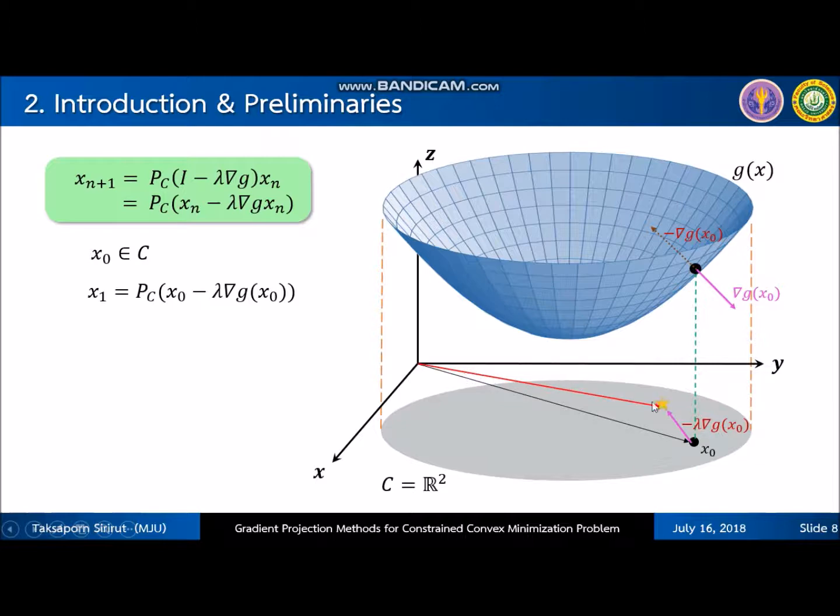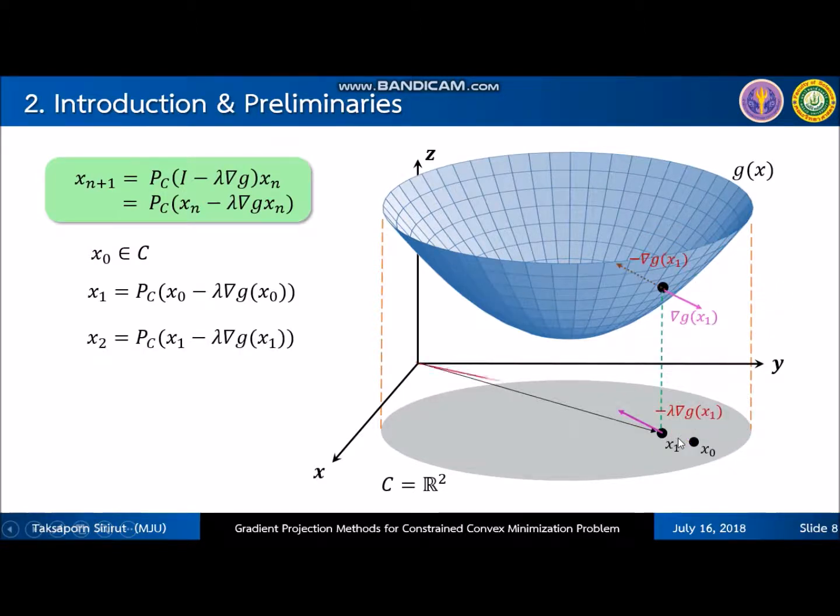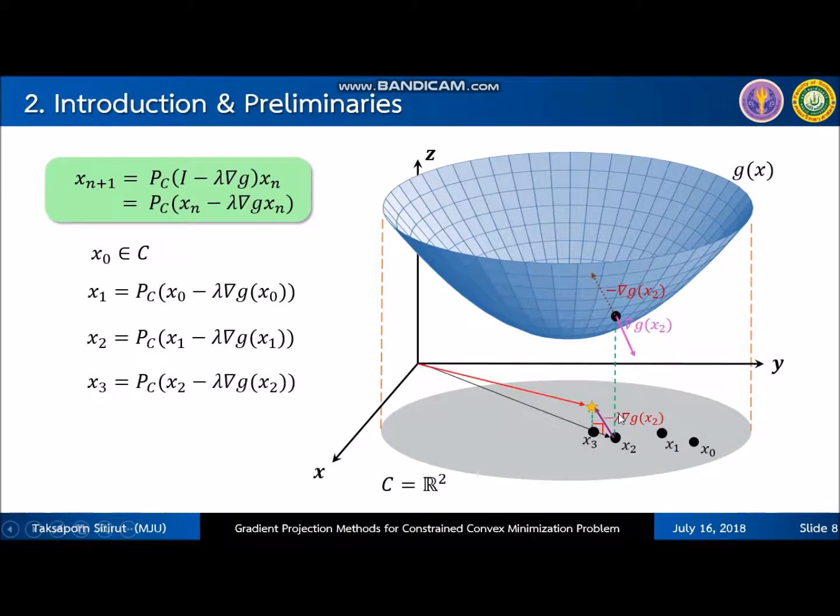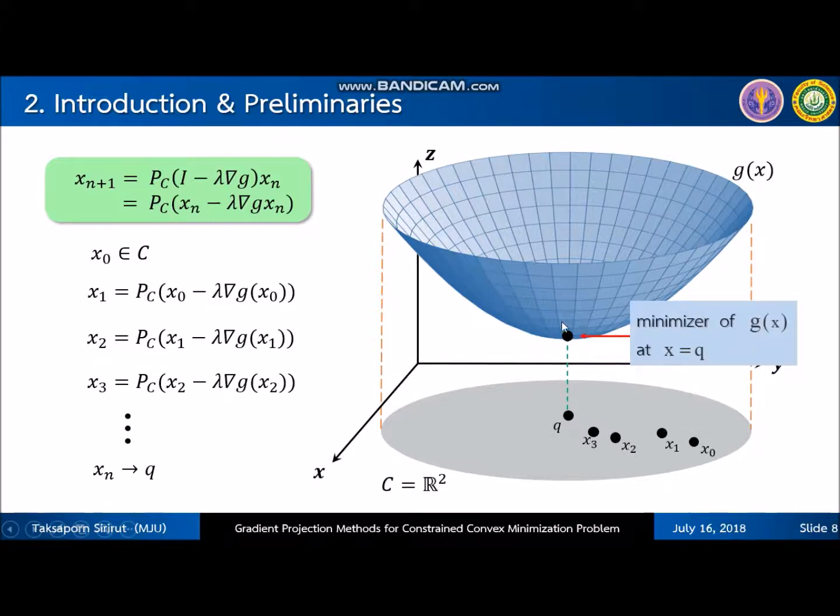And we get the red vector. It is the resultant vector of the x0 vector and this vector, and its projection is x1. If we do the same way, we get x2, which is the projection of the resultant. And we get x3 and so on. Then xn converges to q, that is, the function g at q is the minimum of this function.